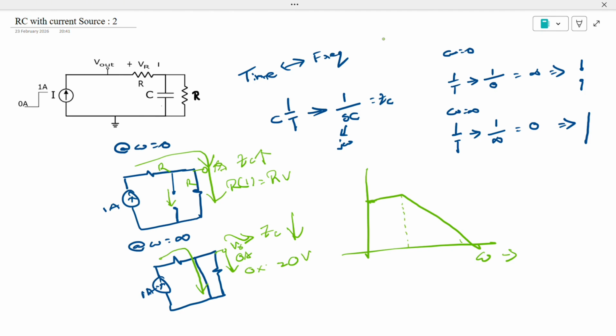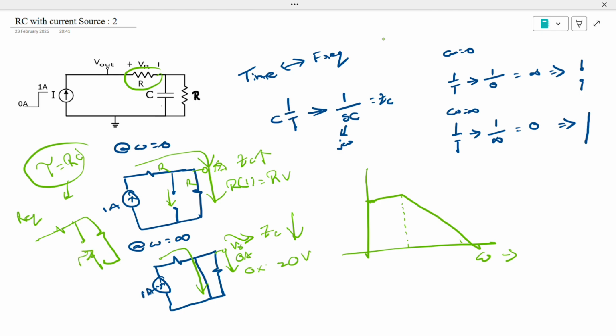This is the location of pole. What is the location of pole? How we will calculate the pole? Earlier we have discussed in time domain about tau. Tau is RC. For calculating tau for R equivalent, we have to make the current source as open circuit and voltage source as short circuit.